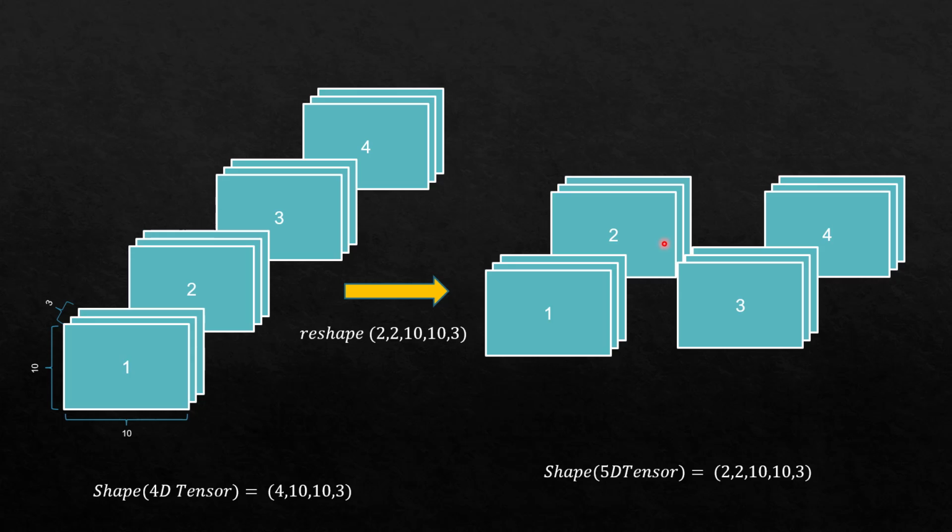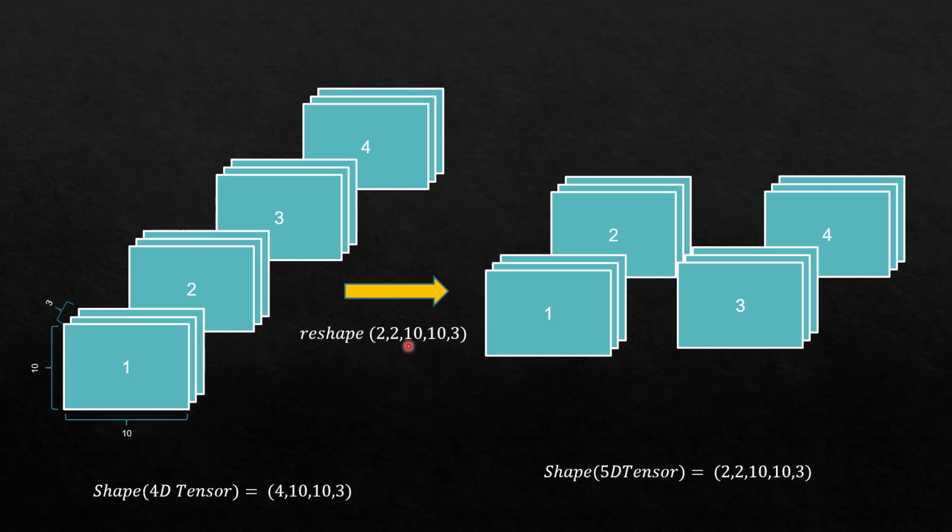But I realized I was not consistent on the axes. Even though that does not change anything about this particular reshape operation, it is always good to be consistent on the axis notation, whatever I'm talking about.